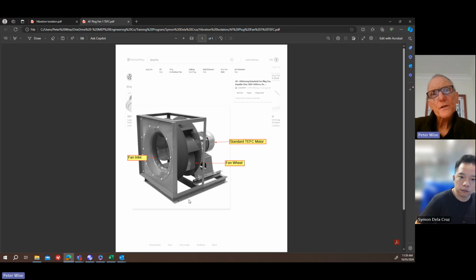And obviously, the frame would be mounted on springs inside the air handling unit. So that's all flexibly isolated, and a flexible connection on the inlet. So that's why I say you don't have to put the air handling unit on springs. They probably just sit on rubber, because if there's any residual vibration, the rubber would take that out.